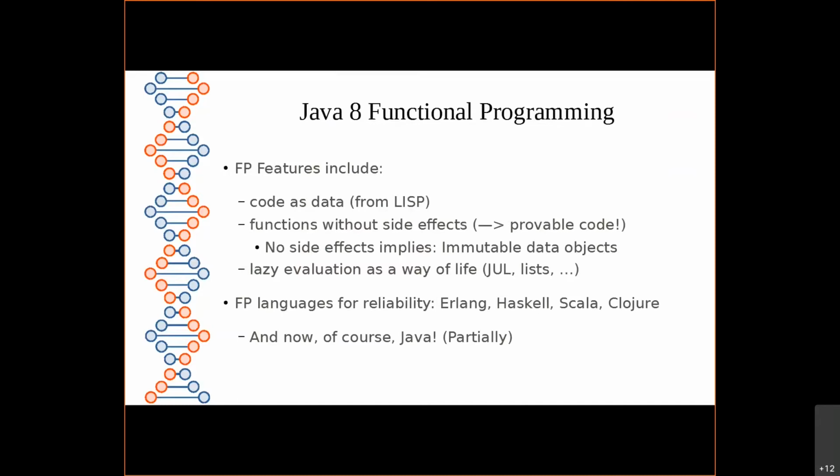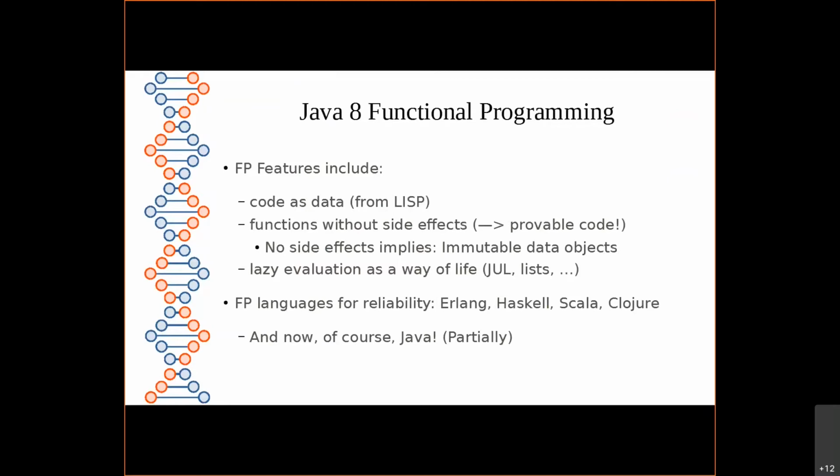There's a number of functional programming languages from the last decade or so, or several decades in some cases. Erlang, Haskell, which are their own languages, and OCaml, which is another one. Scala and Clojure are both JVM languages that are pure functional languages.